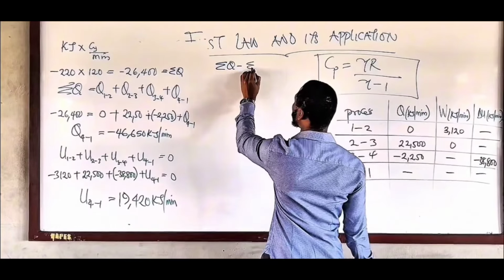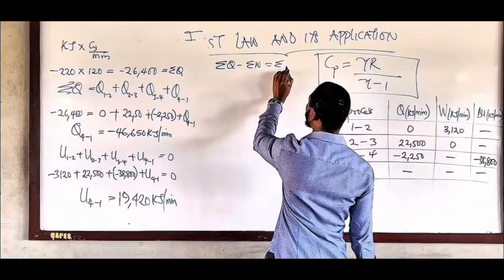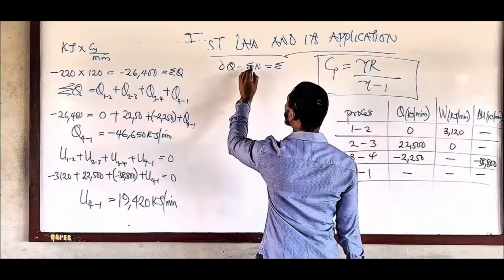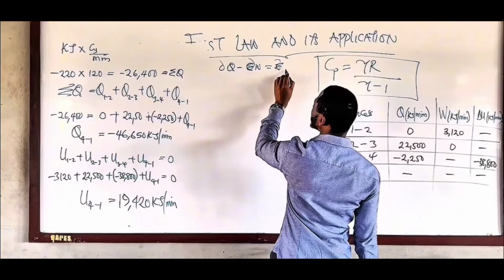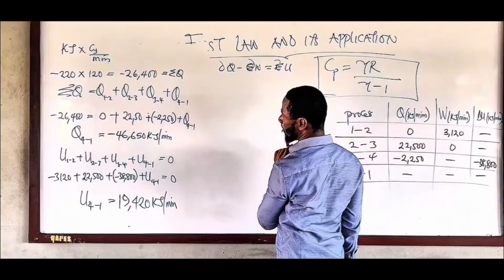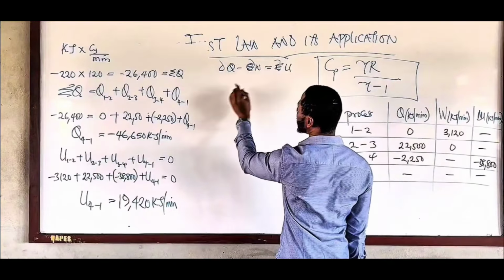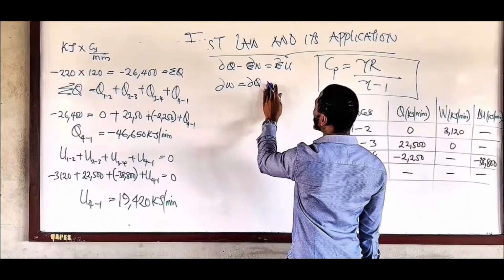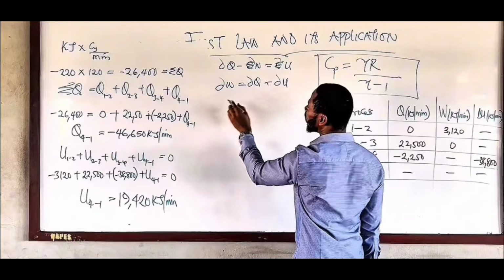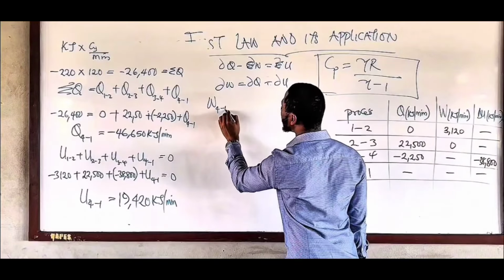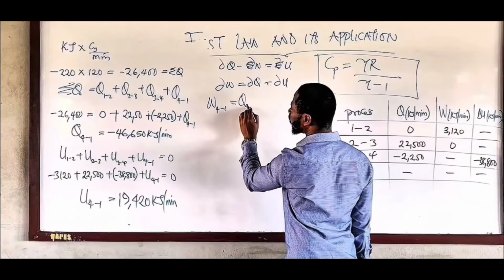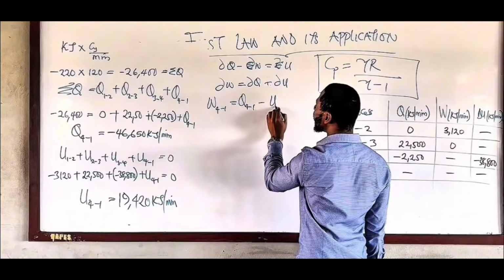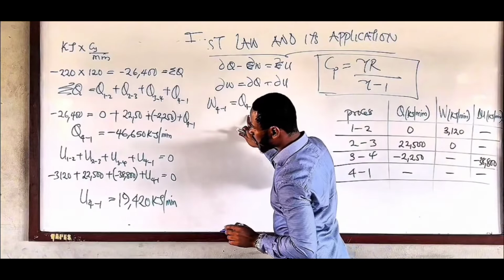Summation of Q minus summation of W equals summation of U. Or let us put it this way: change in Q, change in W, change in U. So W, at this level, take it to this side, equals Q minus change in U. W from 4 to 1 becomes Q from 4 to 1 minus U from 4 to 1.